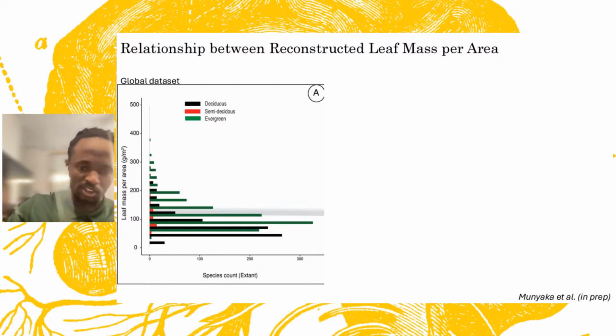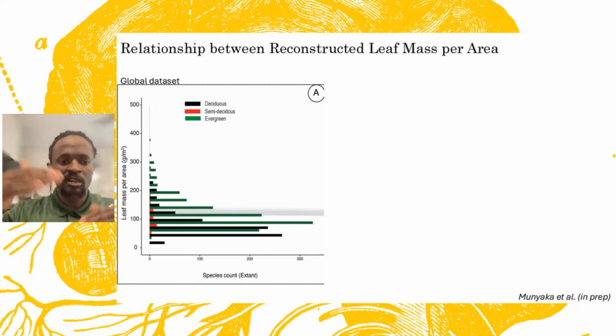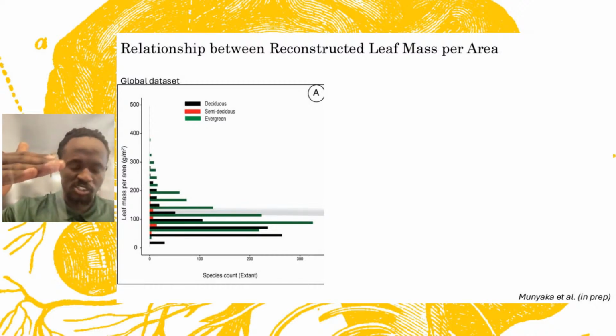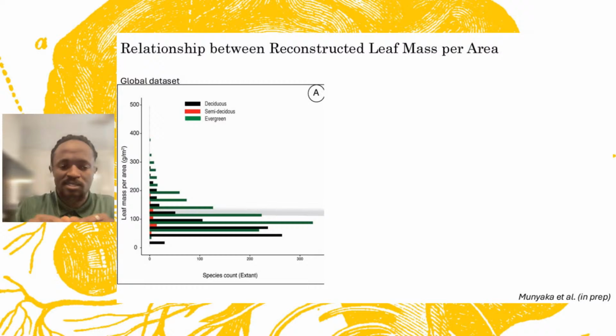And the gray bar that you're seeing crossing all the way from left to right is the transition between an evergreen and a deciduous taxa, which for tropical forests is sometimes not as easy as a dichotomy, like just splitting. You don't move straight from a tropical deciduous forest to a tropical evergreen forest. That transition is sometimes not as smooth. So that gray line counts at about 129.